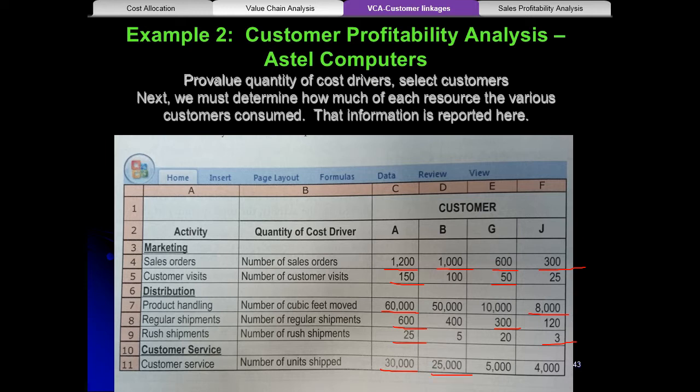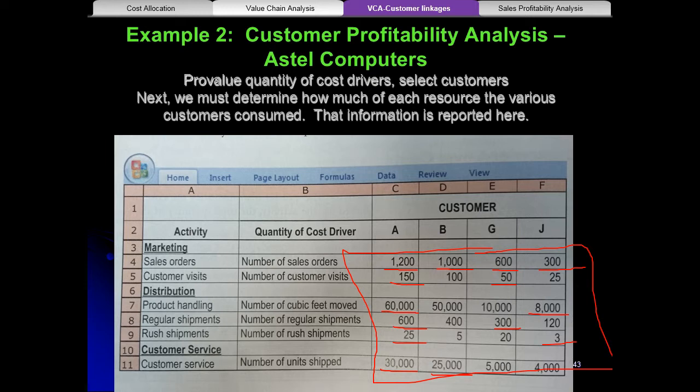So you can have a look at some of these resources that were consumed by the customers and ask that question even before we attach dollar amounts to these resources consumed to get our customer cost analysis. We can start to think which customer is costing us more. What about expedited shipments?